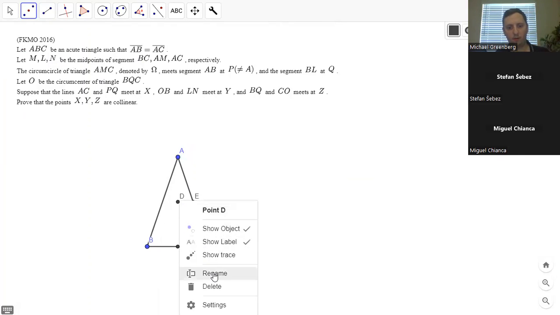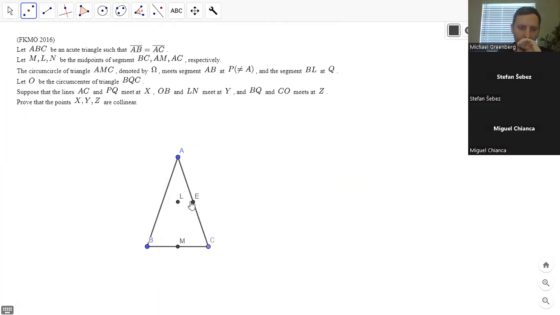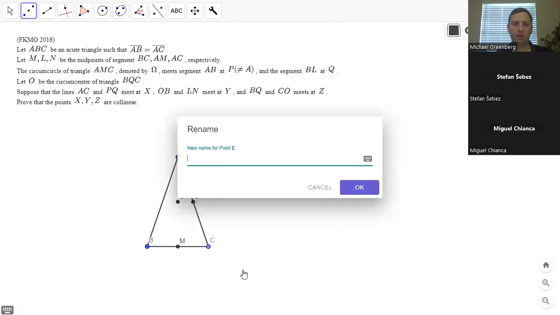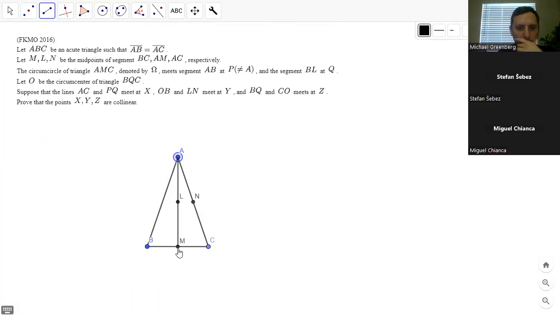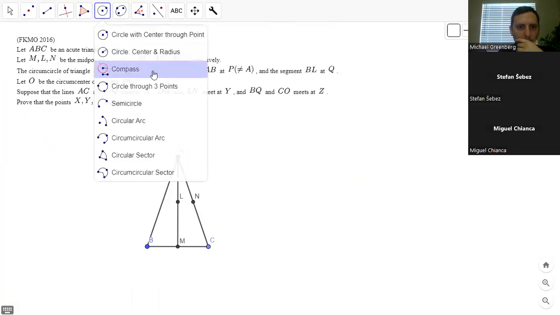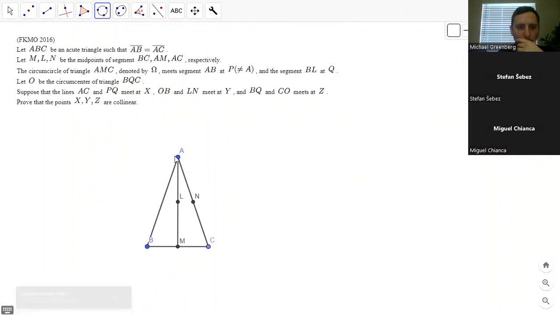And then we draw the circumcircle of AMC. And we see where it meets AB. So that's just the foot of the altitude from C.